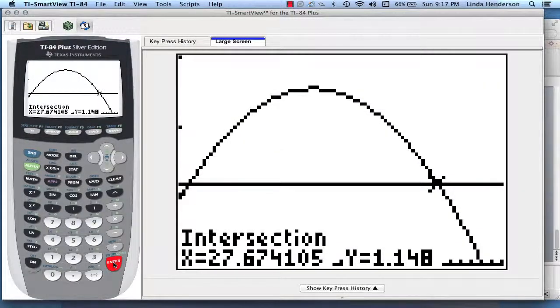So it's at year 27.674 years old that the growth in height is going to equal the average over the years from 20 to 34. That's one time. Notice what the other one is. Let's go find the other one.